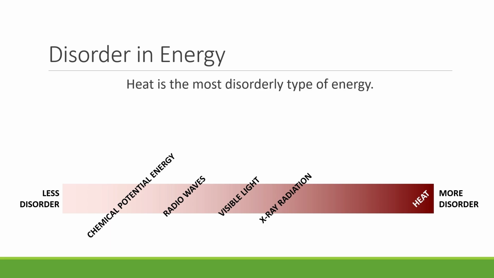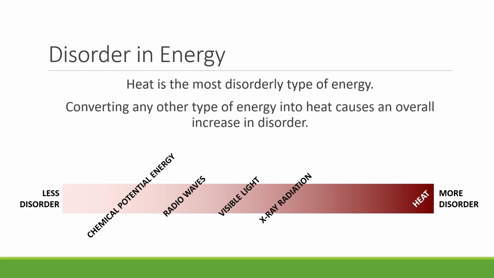Other types of energy, think of radio waves, visible light waves, X rays, chemical potential energy, all of these are less chaotic and more orderly than heat energy. And what this means is that converting any other type of energy into heat causes an overall increase in disorder.